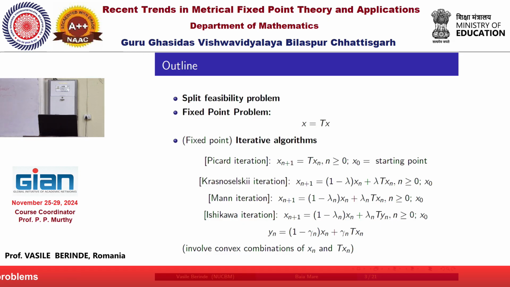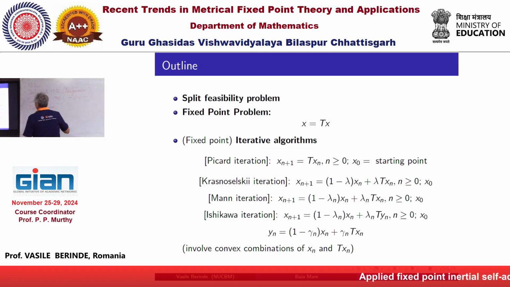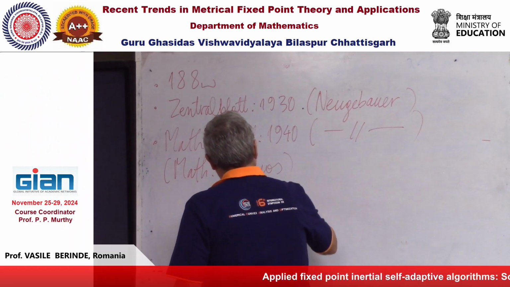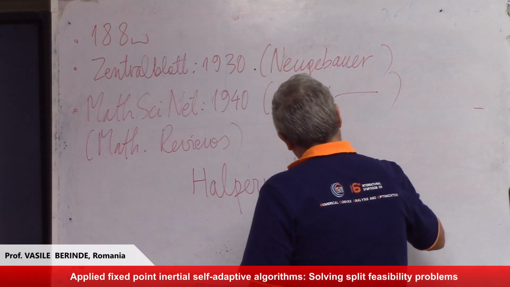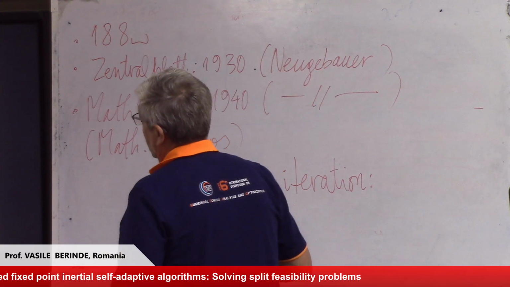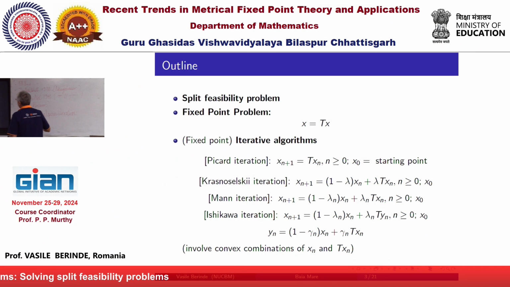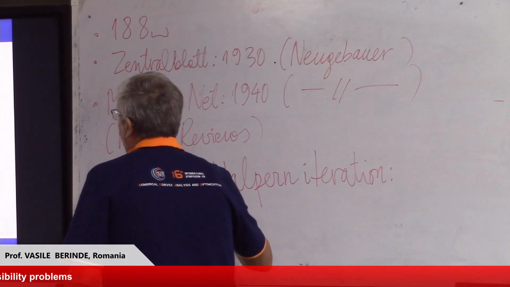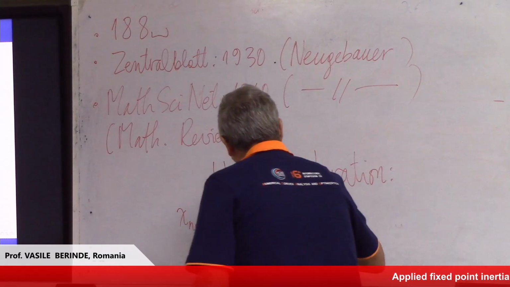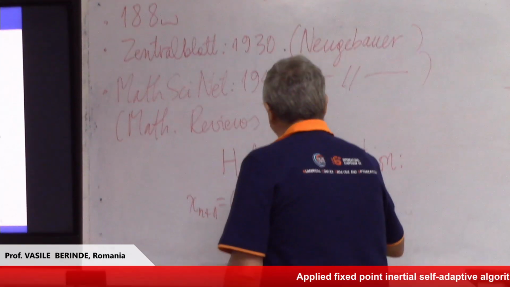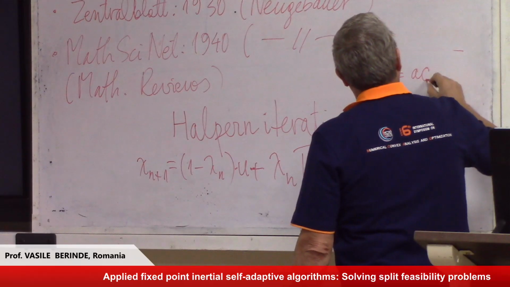I forgot to put one important algorithm here: the Halpern iteration, which is very important because it ensures strong convergence in many instances where we don't have strong convergence for the others. It is defined in this form: u and lambda n T of xn, and u is called an anchor.